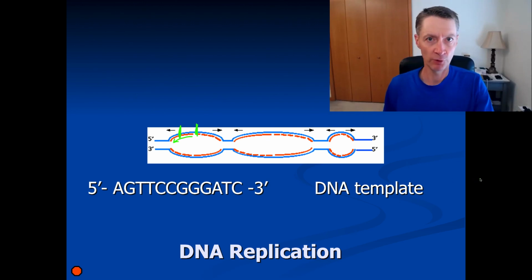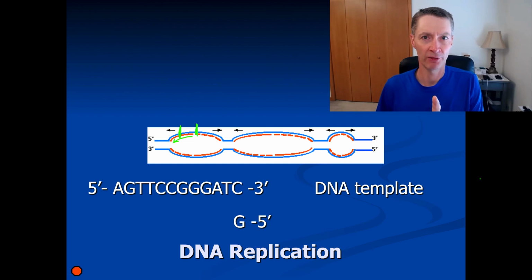So if I give you this kind of sequence, and I tell you what the 5' and 3' ends are, where would you want to start? You would want to start on the 3' end of the original strand. So I give you this DNA template, this original strand.